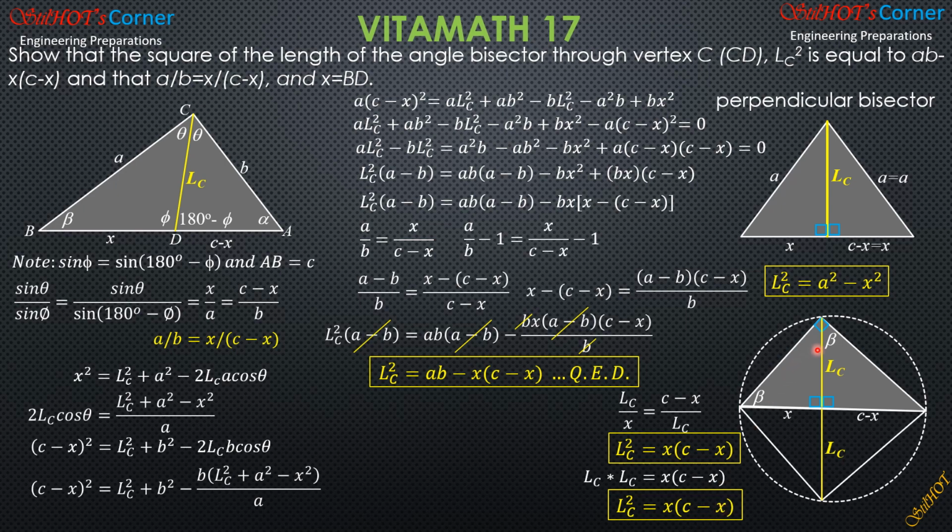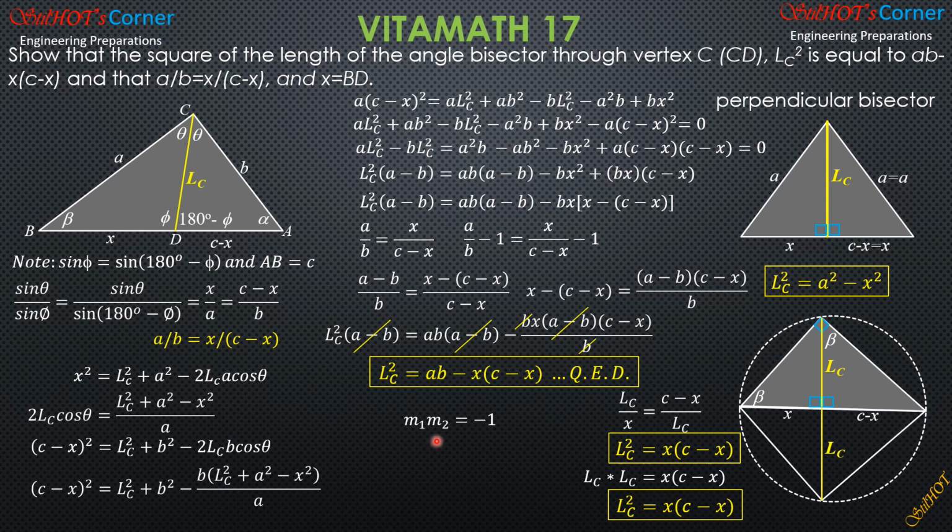So finally, from analytic geometry, the product of the slopes of perpendicular lines is -1. So if we denote the slope of this as, because this is positive, opposite over adjacent, L sub c over x, the slope of this line is the negative of L sub c over c minus x.